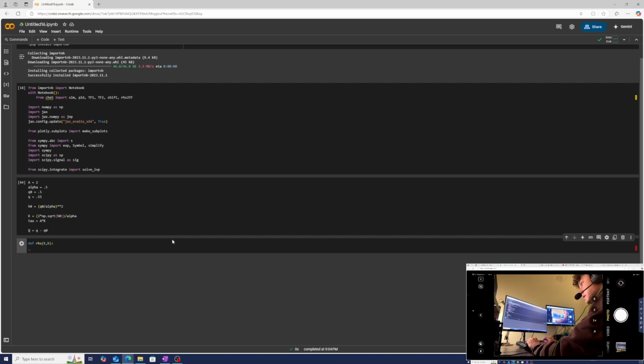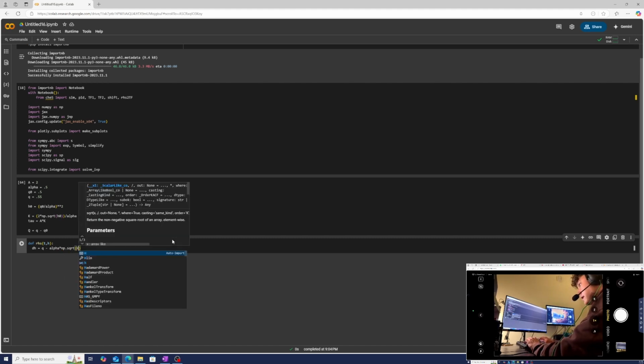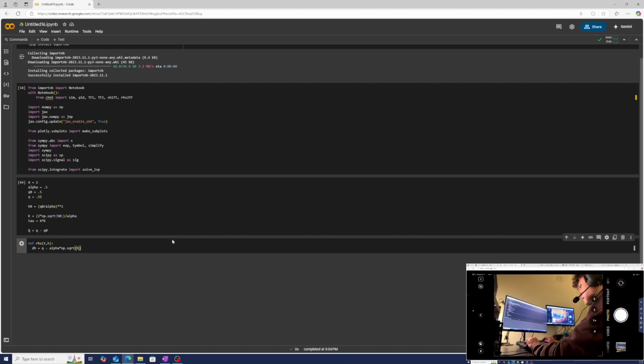And this is going to give us our dH, which is equal to our Q minus our alpha times np square root of our h, all divided by our cross-sectional area. And we just want this to return our dH.